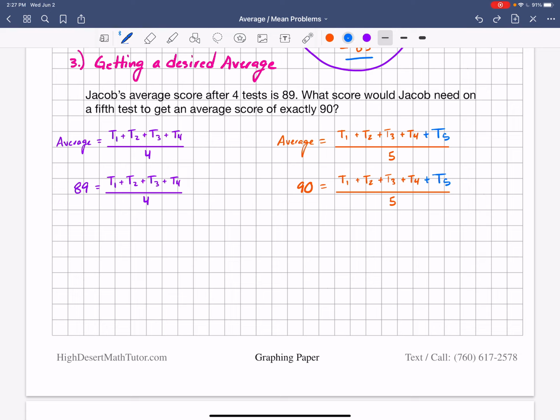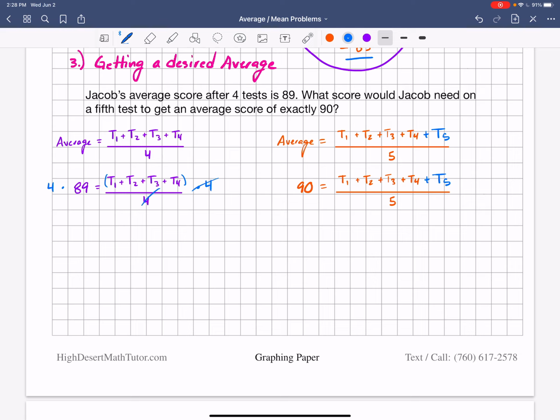So we get those tests by themselves by doing the opposite of whatever is currently happening to them. So they're currently being divided by 4, so the opposite of dividing by 4 is multiplying by 4. But if we multiply one side of the equation by 4, we have to multiply the other side of the equation by 4.